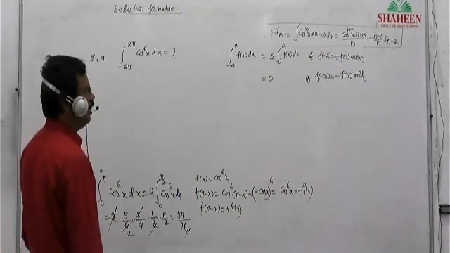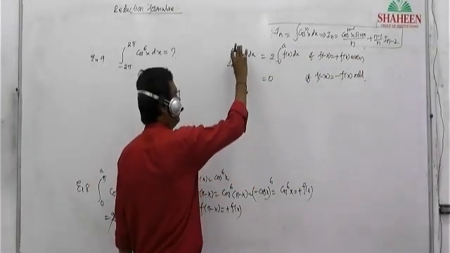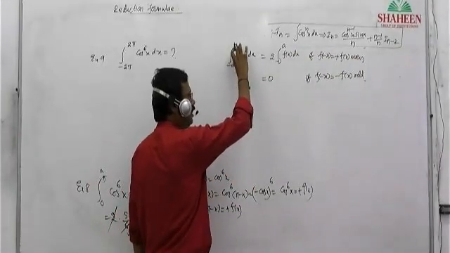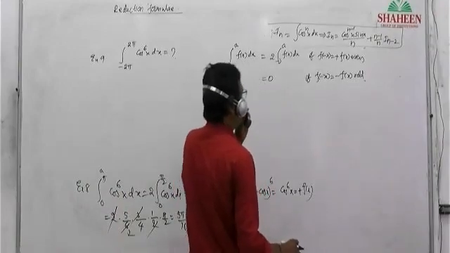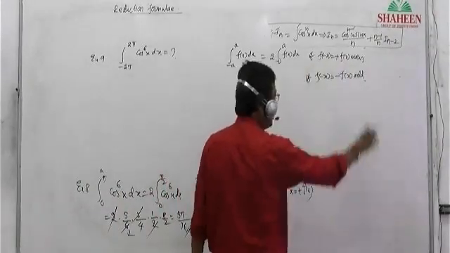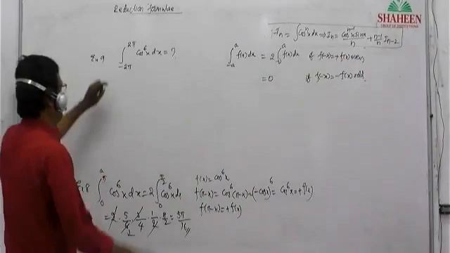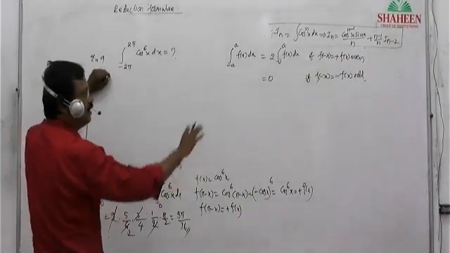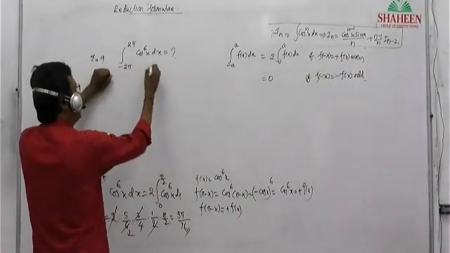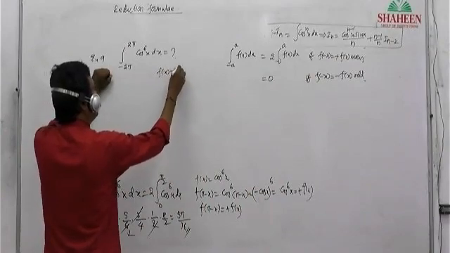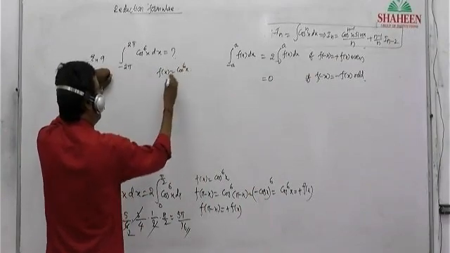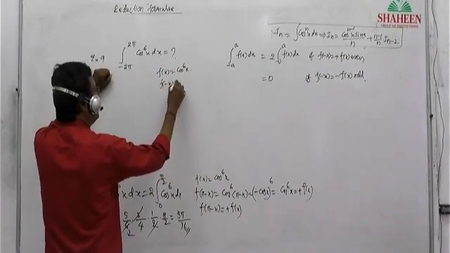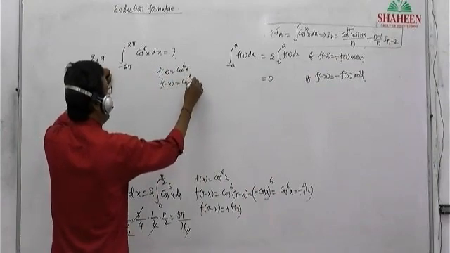Now, wherever the limits are from minus a to plus a, we have to check f of minus x. What is f x? Cos power 6x. What is f of minus x? Cos power 6 of minus x.